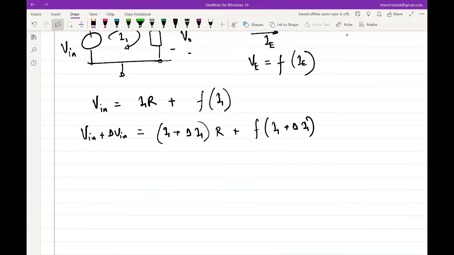But now, if we say that the value of delta I1 is such that I can approximate this with the first term and the second term in the Taylor series, right?